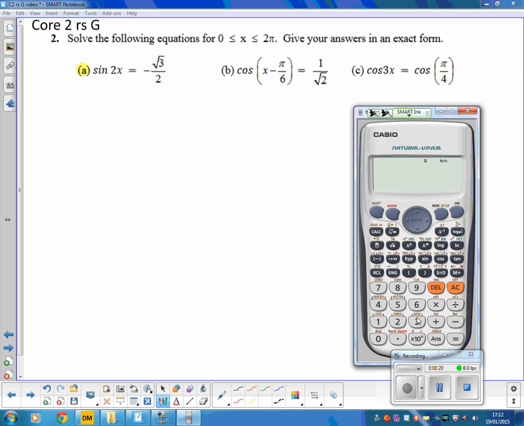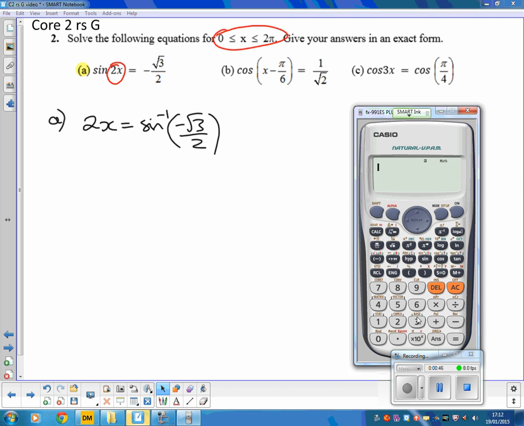So for example, for A, now we remember that 0 to 2 pi is the equivalent in degrees of 0 to 360 degrees. And in the first question here, we've got 2x, so we'd expect 4 solutions. The first thing to do is 2x is going to be inverse sine of negative root 3 over 2.